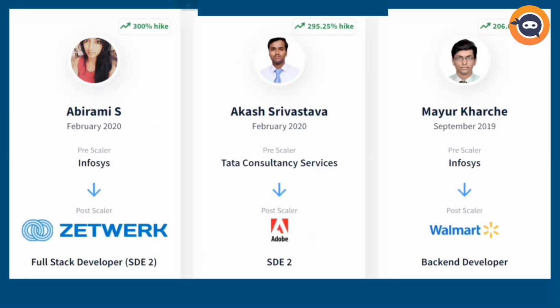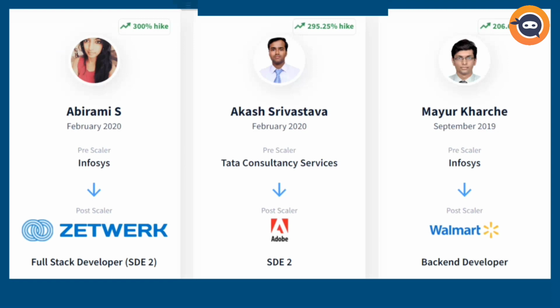And one very important thing is that Scaler not only provides you with a program or training, it also provides you with job assurance or job support. With Scaler's placement support, these are some of the examples. For example, Abhirami S was earlier working with Infosys, but after taking the course from Scaler, she got an opportunity with Zetwork, that too with a 300% hike.